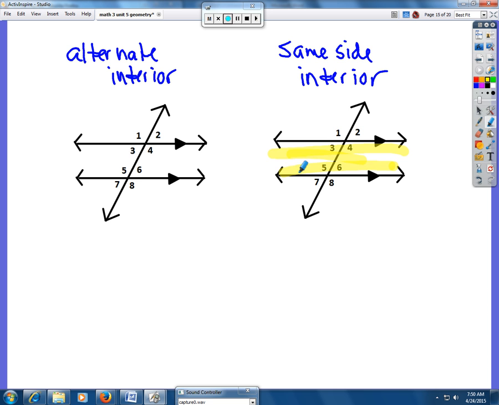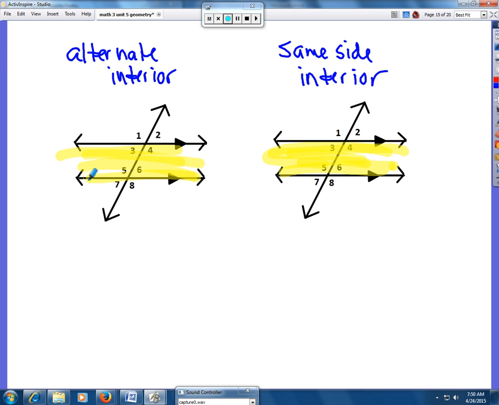So the interior is in here between the parallel lines. And we have same side, which would be these two like this, or these two like this, on the same side.